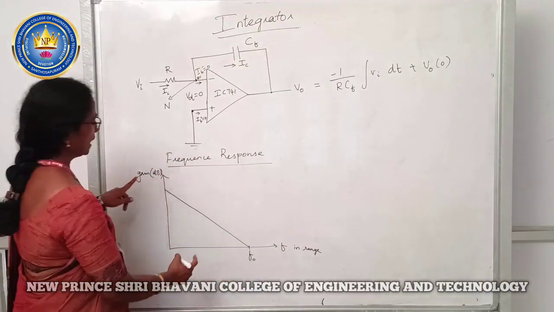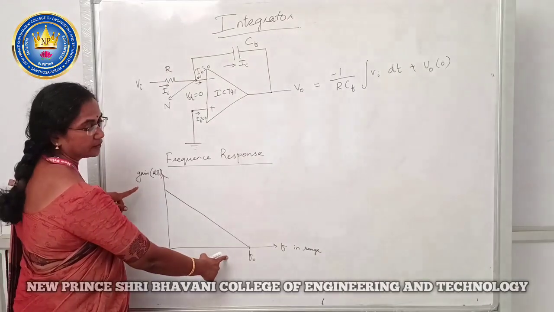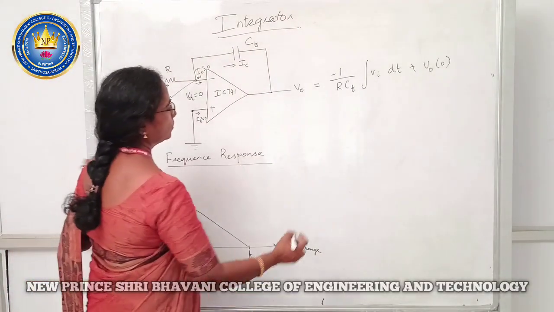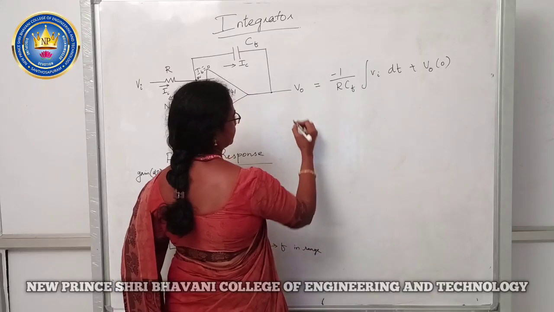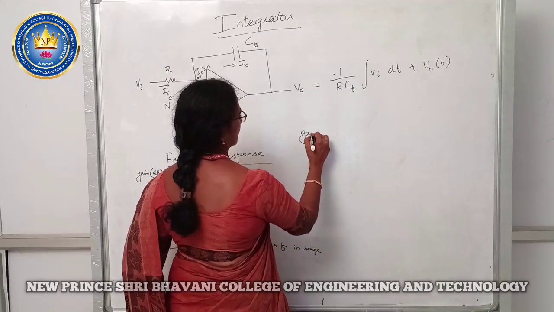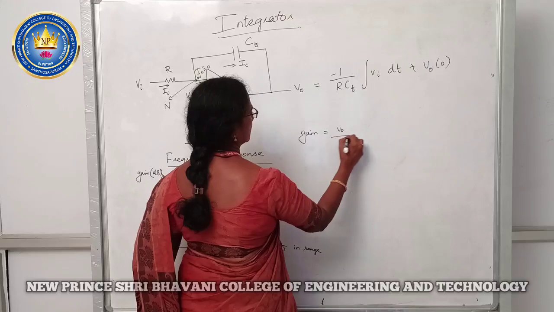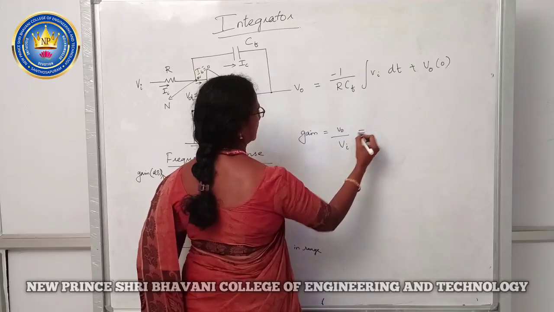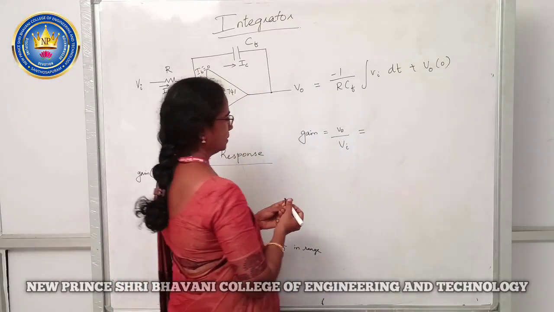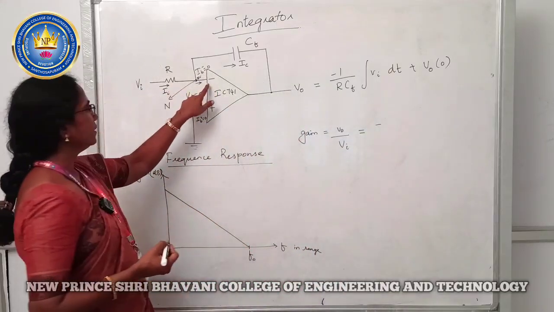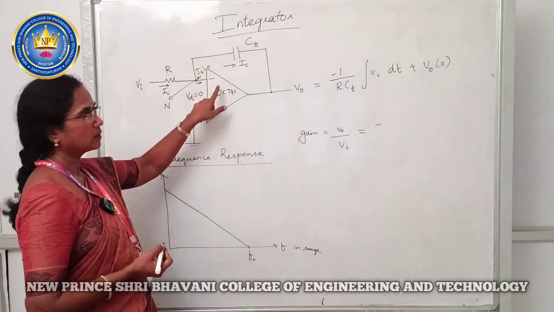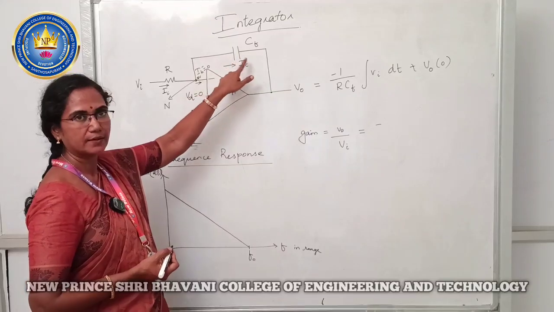So, here we have to have a relationship between the frequency and the gain. We know that from this equation, the gain V0 by Vi will be equal to, so this is in inverting amplifier configuration. Instead of RF we have CF.